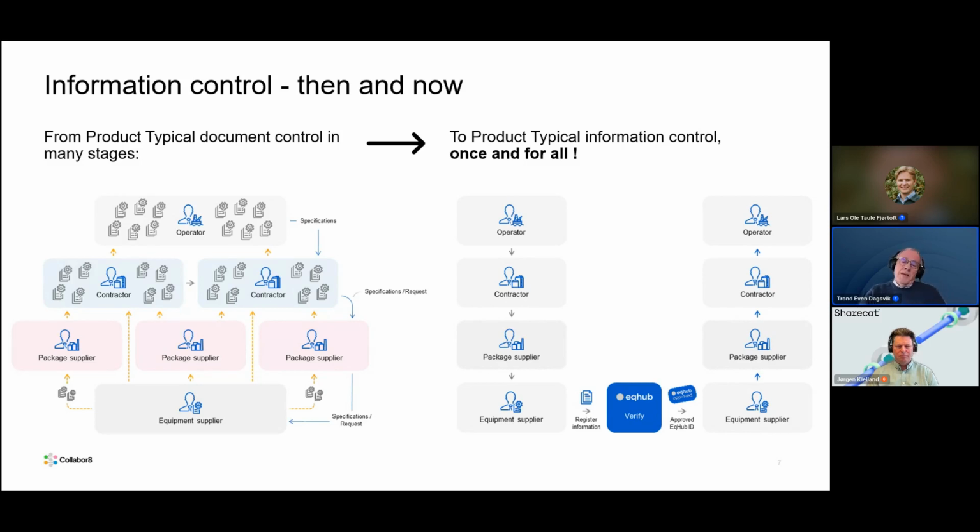If the equipment is not in EqHub, they have to upload the information and get it approved by the certified verifier, and then give the verified EqHub IDs they deliver back to the equipment supplier, connected to the tag index or to the purchase order.